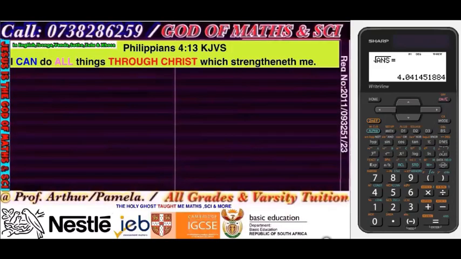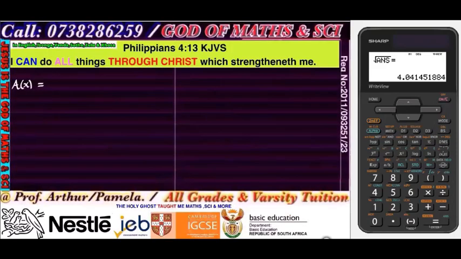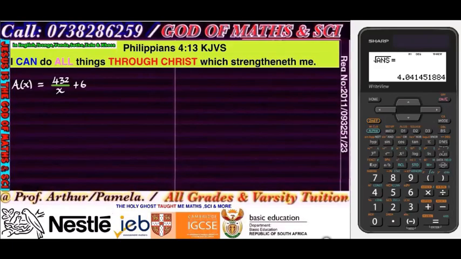So I'm going to write area. When they write A(x), it just means area in terms of x. The orange is 432 over x plus 6.